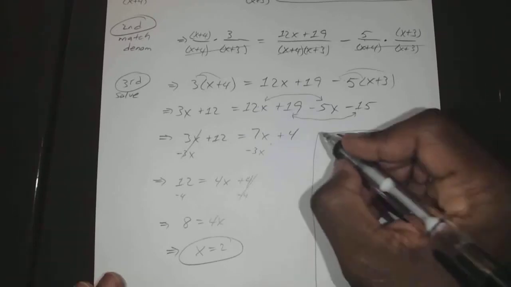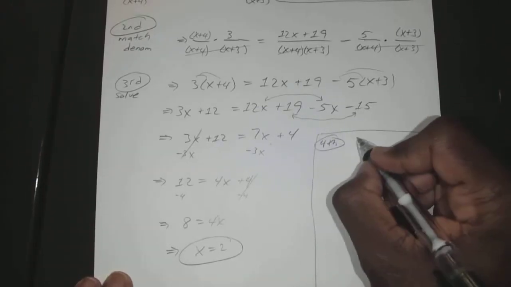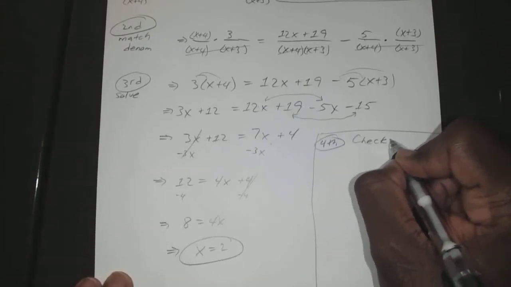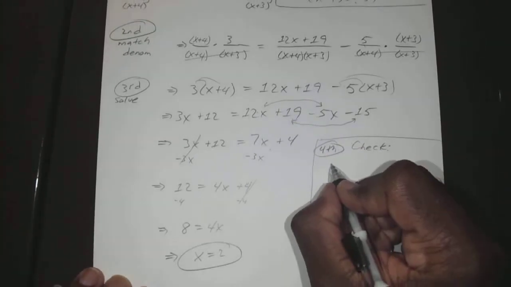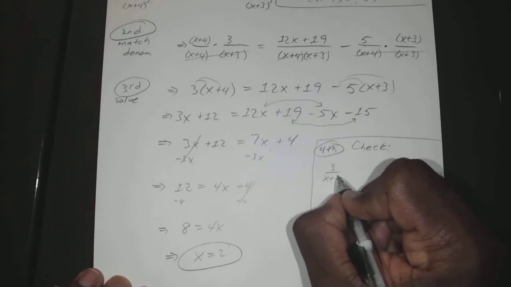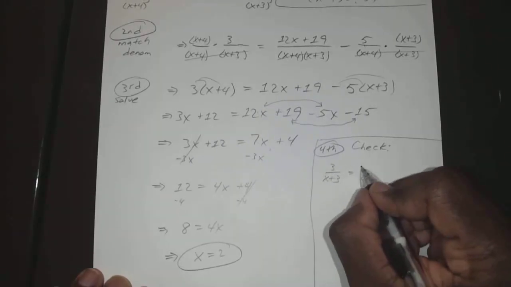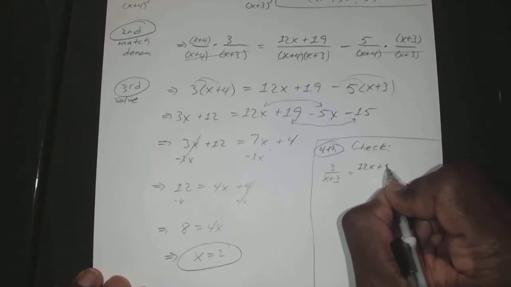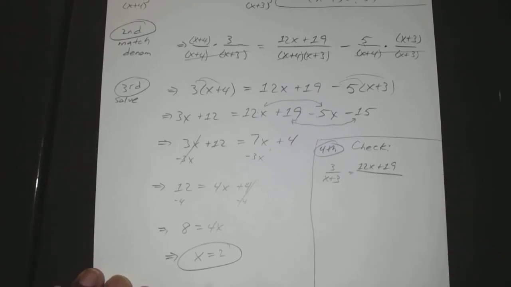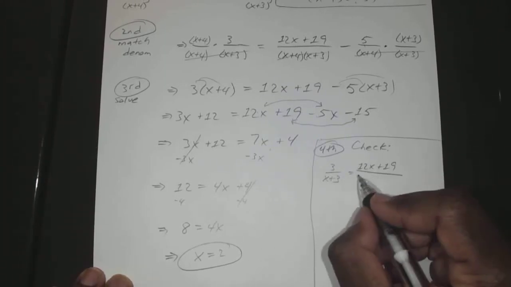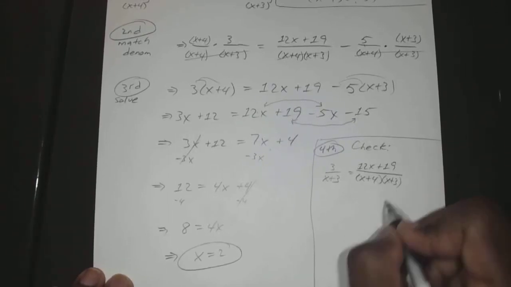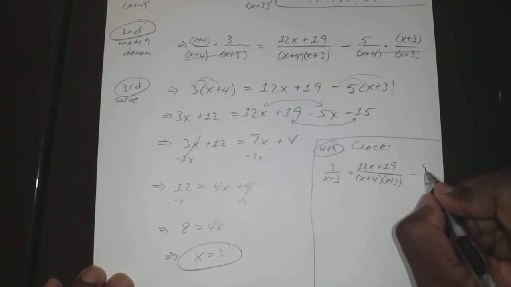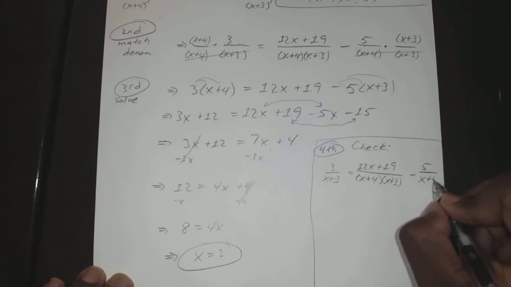So for our fourth step, we just check it again. And most of you already figured out probably that this one's good, because you have 3 over x plus 3 equals 12x plus 19. Instead of x squared plus 7x plus 12, I'm going to leave it as x plus 4, x plus 3, minus 5 over x plus 4.